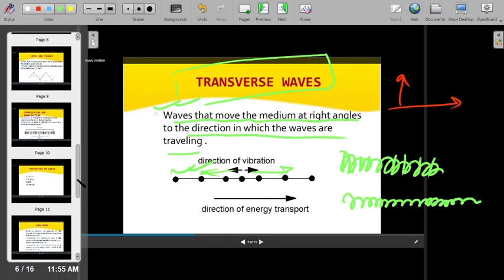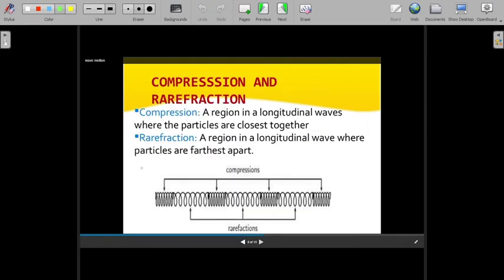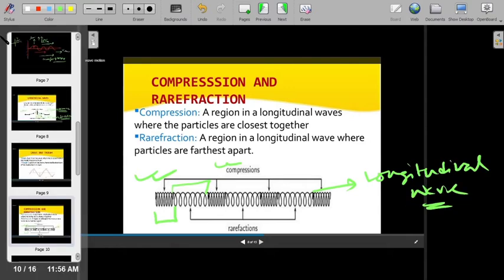Once again, this is one kind of spring where one portion is like this, and in one portion there are gaps between those positions. What is this? These positions are defined later, we will discuss the compression and the rarefactions. This is a serious example of longitudinal wave.